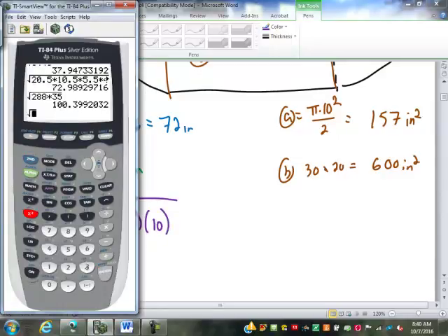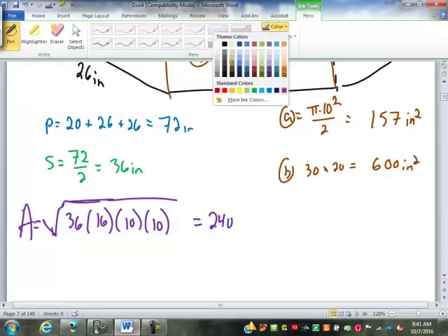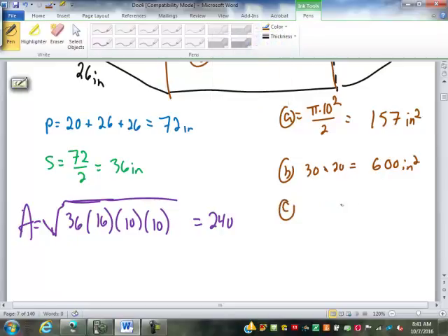So the square root of 36 times 16 times 10 times 10. 240 is that area. So that all adds up to 997.